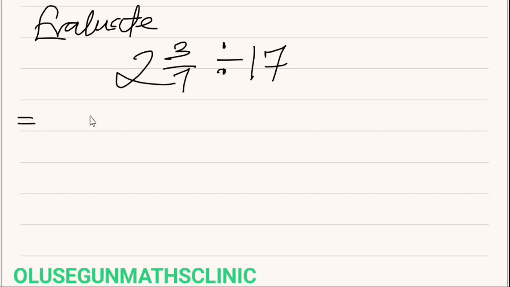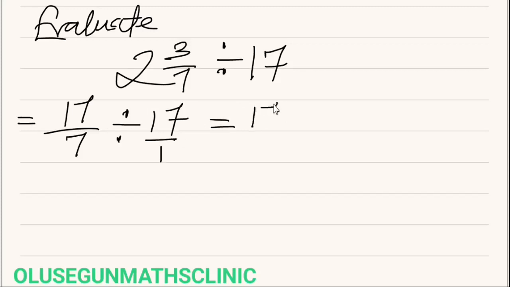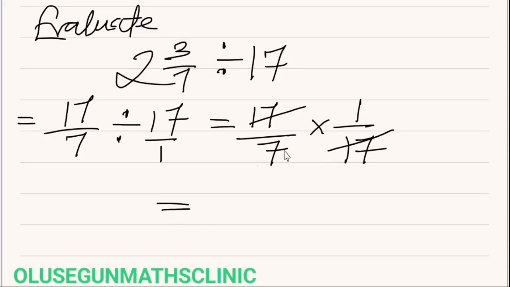First, we have 7 times 2, 14. 14 plus 3, making 17 over 7 divided by 17. And you all know that dividing a number by 17 is 17 over 1. So we have 17 over 7 times 1 over 17. By cancelling this by this, we have 1 over 7. That is all. So this is how to divide a fraction by a whole number.